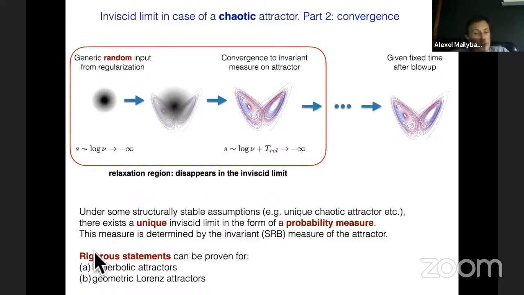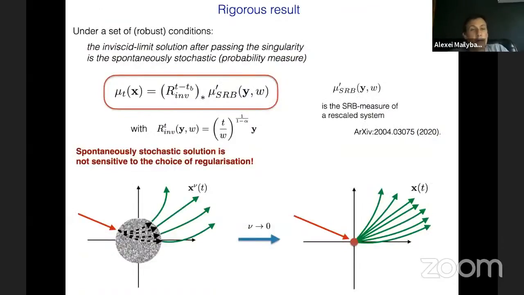And we can prove it rigorously, and we have theorems in the case of two attractors: for hyperbolic attractors, and for some subclass of geometric Lorenz attractors that includes the Lorenz attractor itself. Again, I will not give you the exact statement, but the statement is the following.